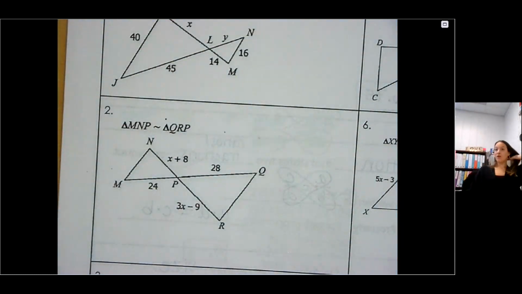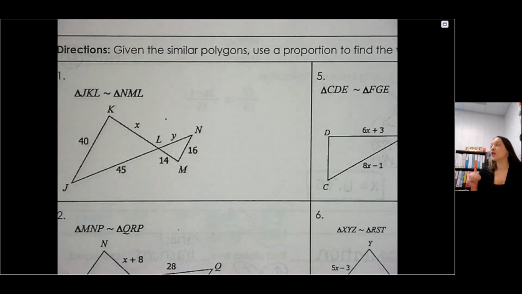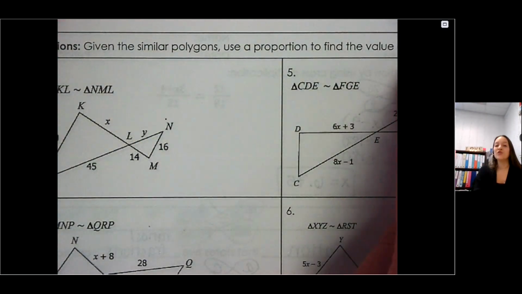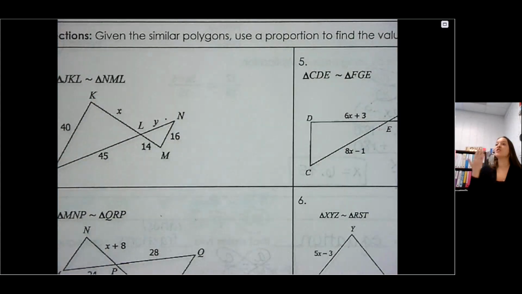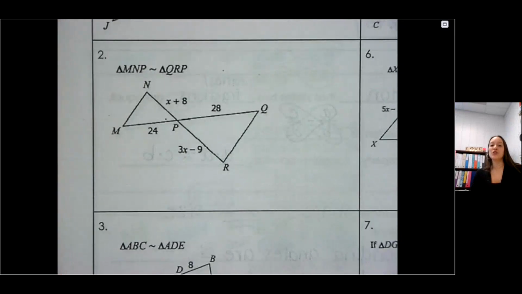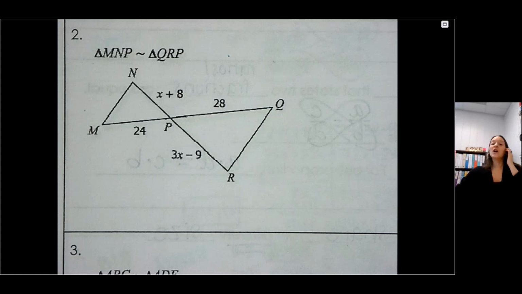So for the problems on the back, it says, given that the polygons are similar, so I'm telling you they are similar, use a proportion to find the value of each variable. So you need to make a proportion to solve for X. So we're going to start with example number 2. There are 2 triangles in this picture.